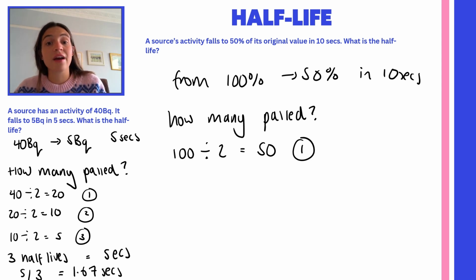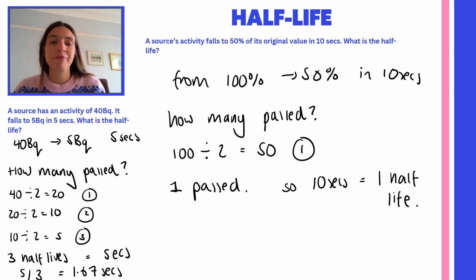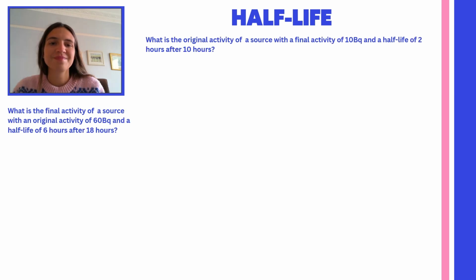So actually only one half-life has passed. So you can do the percentages in exactly the same way, just dividing by 2 until you reach your final percentage. So one half-life passed in 10 seconds, so 10 seconds must be equal to one half-life.